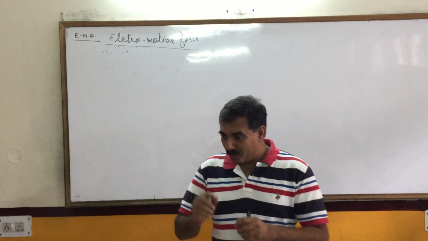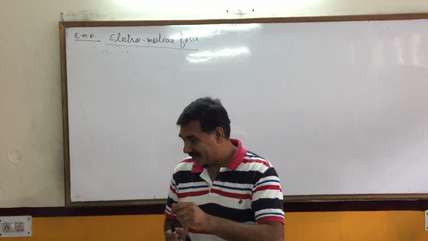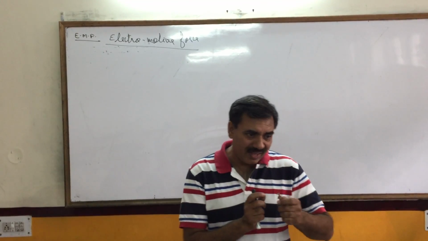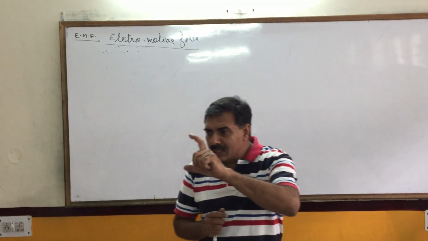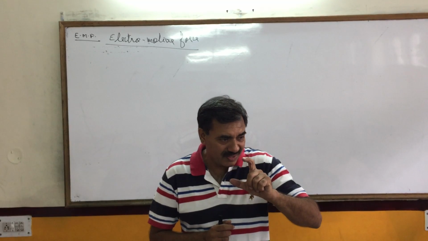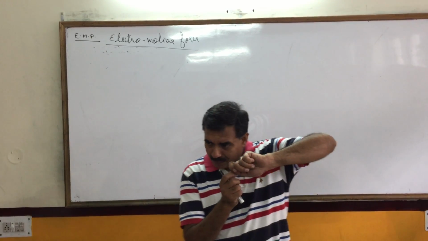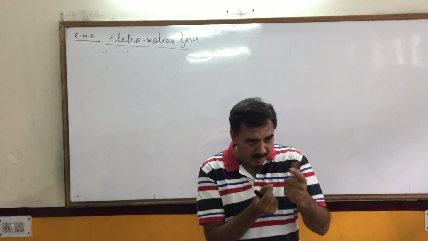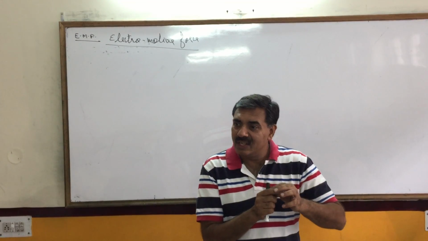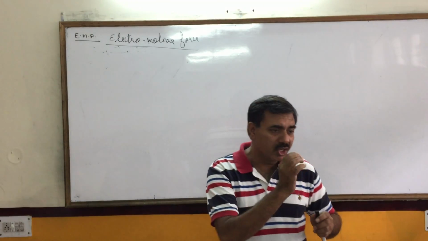If you put it in the wrong way around, it will not work, because one end is at a higher potential and the other end is at a lower potential. The usual cell which we put in our remotes has a cap on top. That is basically the positive potential.